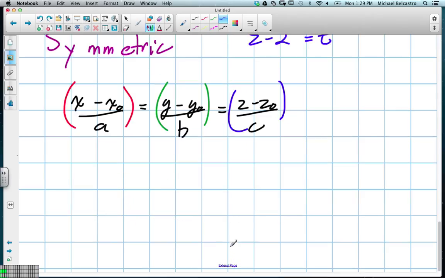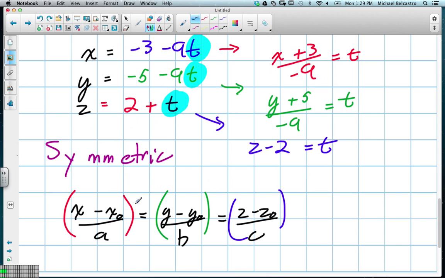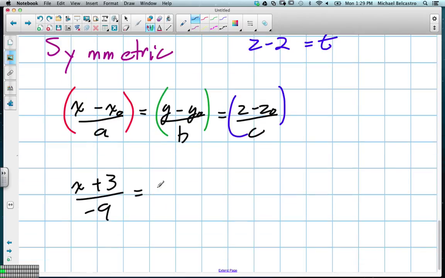So to write that all together, we have x plus 3 divided by -9 is equal to y plus 5 divided by -9, which is equal to z minus 2.